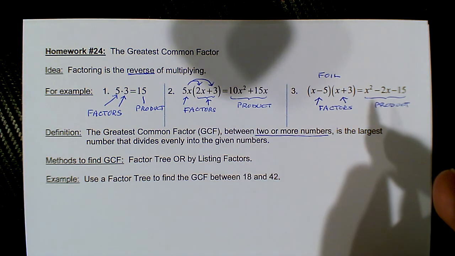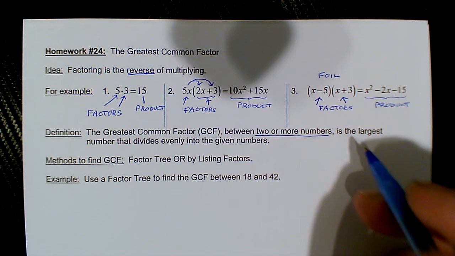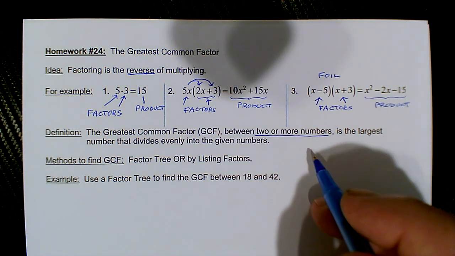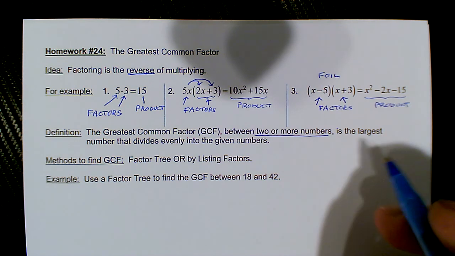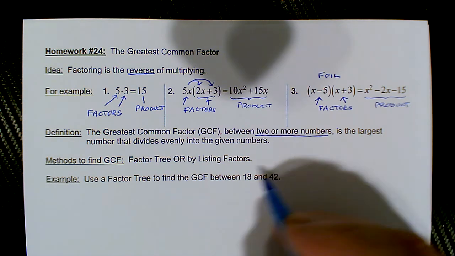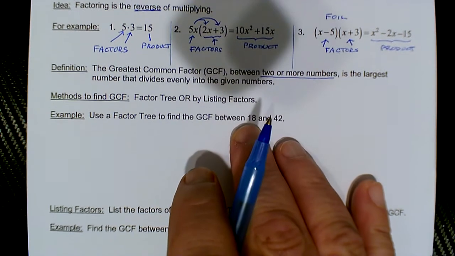So in a sense, it's going to be smaller than each of the given numbers, because it's the largest number that divides evenly into each of the numbers.